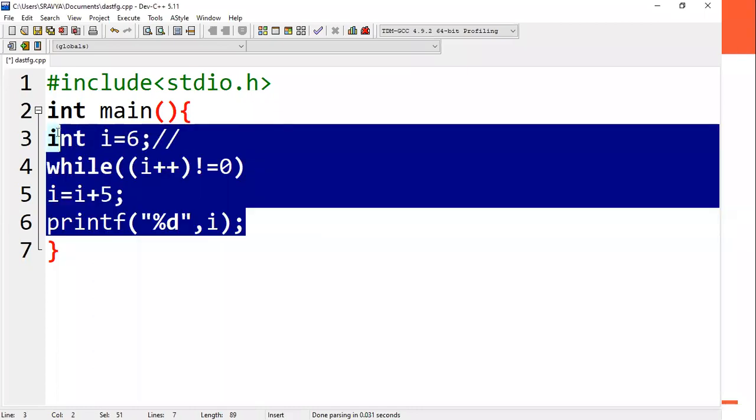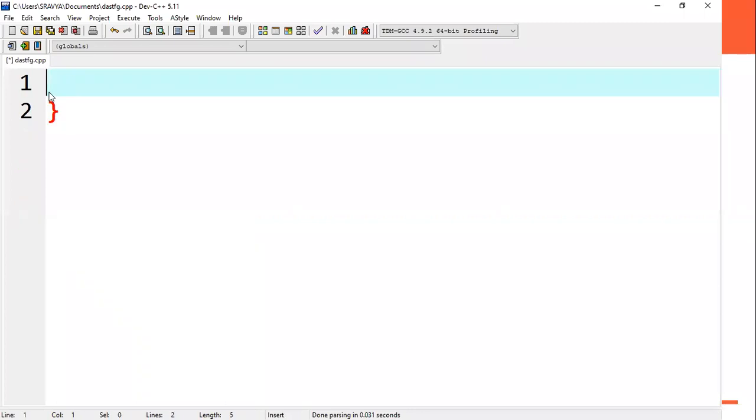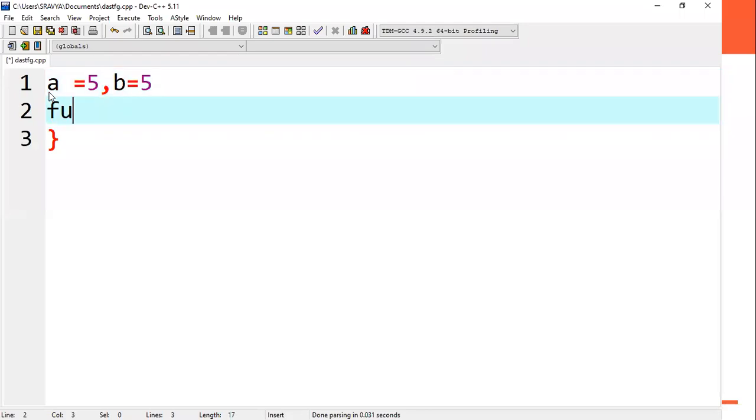Let me just type one question which was shared. A equals 5, B equals 5. Function of A comma B is given as the inputs.